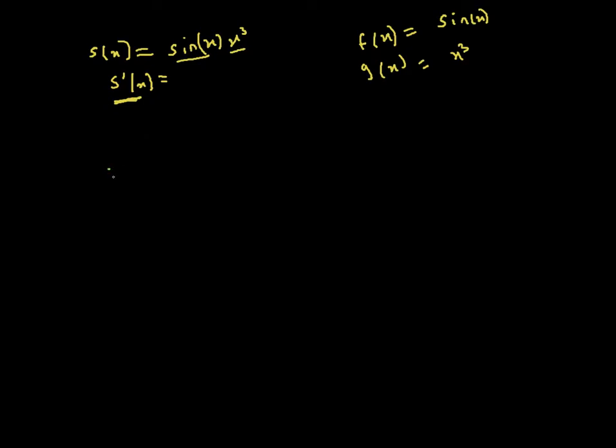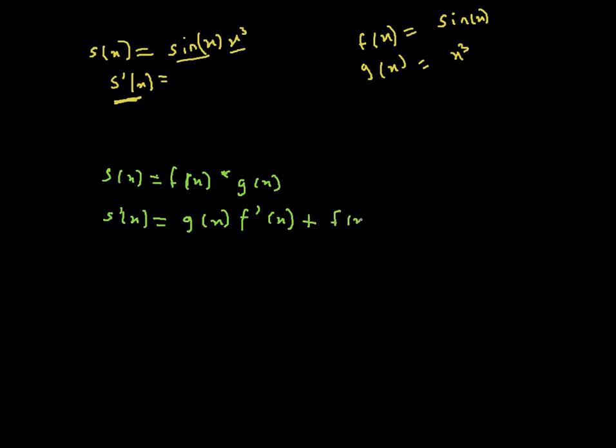The product rule says that if you have a function, say s of x, I'm using this name lots of times, I'm going to use a different name next time, I promise, which is the product of two differentiable functions, f of x multiplied by g of x, and you want s prime of x, then that will be g of x multiplied by the derivative of f of x, added with the product of f of x multiplied by the derivative of the second function.